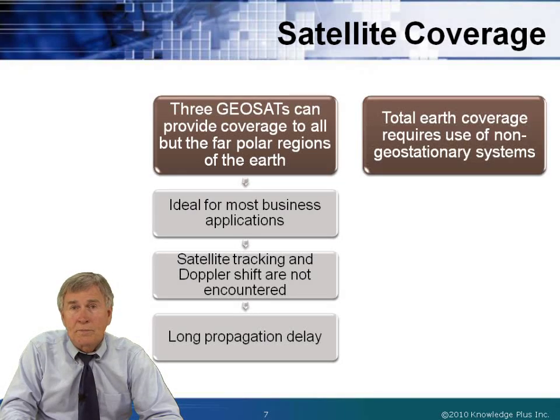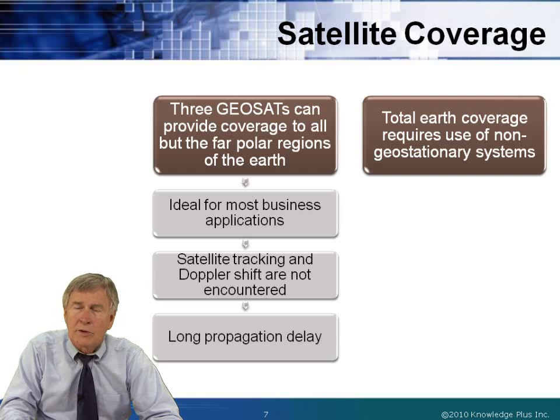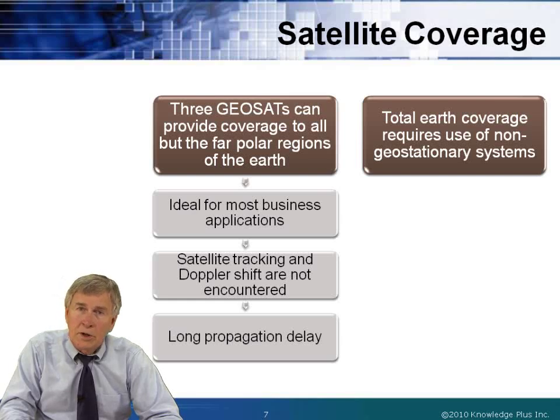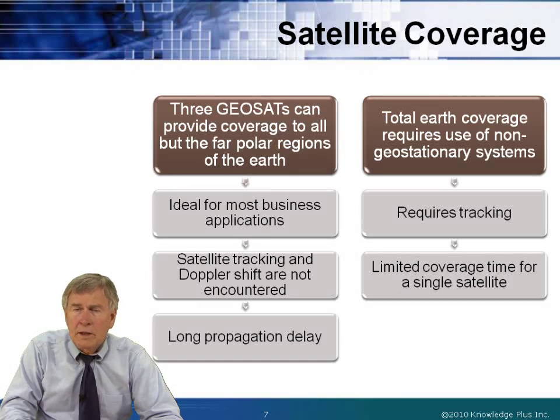another Earth station. So total Earth coverage requires the use of non-geostationary type systems. If it is important to have total Earth coverage, such as in a system like the Global Positioning System, then obviously these cannot be based on the geostationary approach. So that means that control and so forth would have to deal with tracking, and we have limited coverage time for a single satellite.